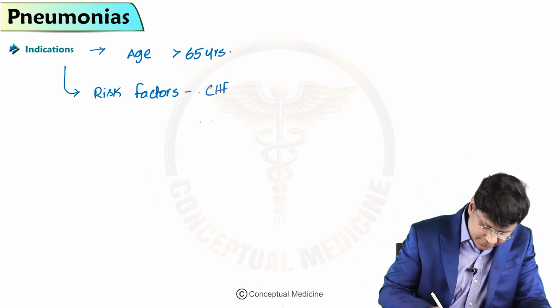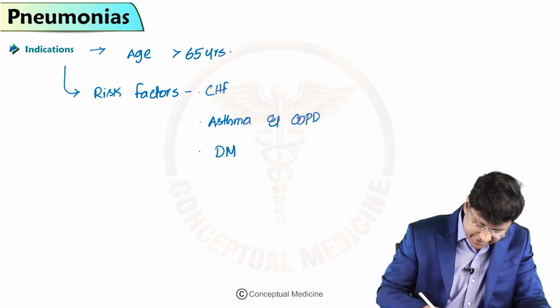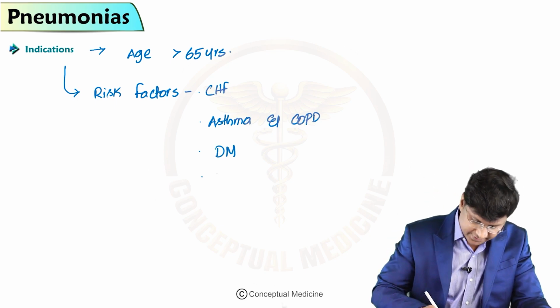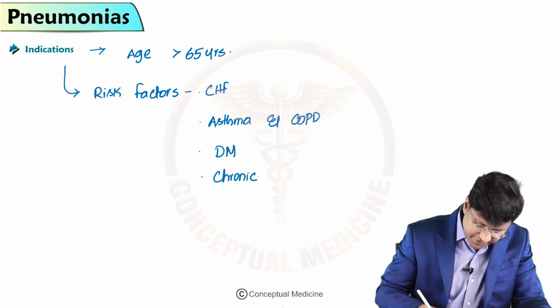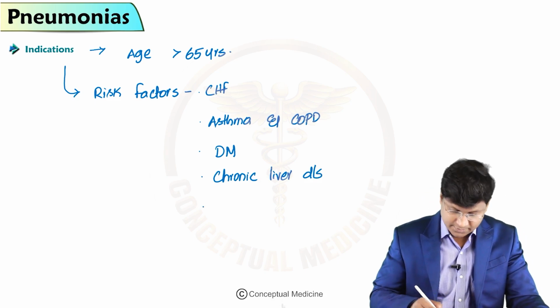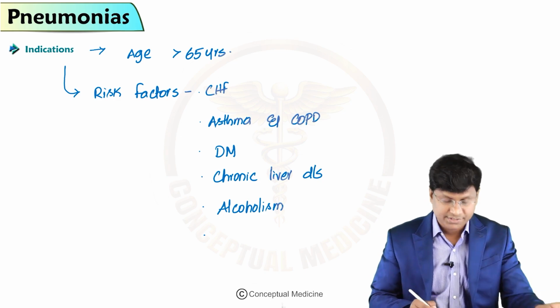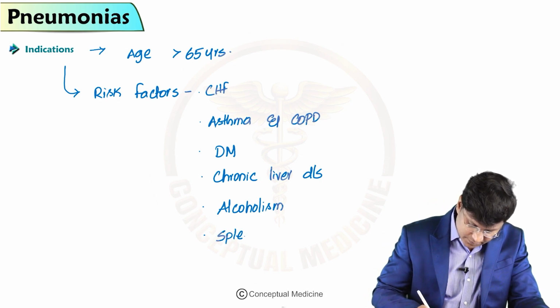congestive heart failure, asthma and chronic obstructive pulmonary disease, diabetes mellitus, then patients with chronic liver disease, next alcoholism, then followed by that splenectomized patients.